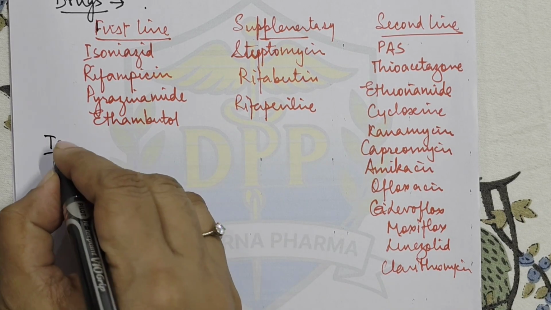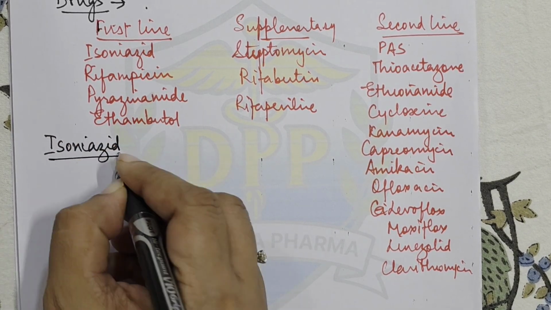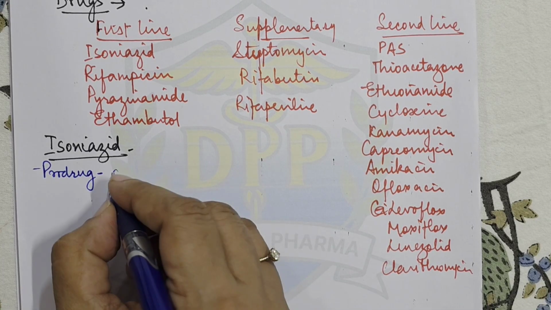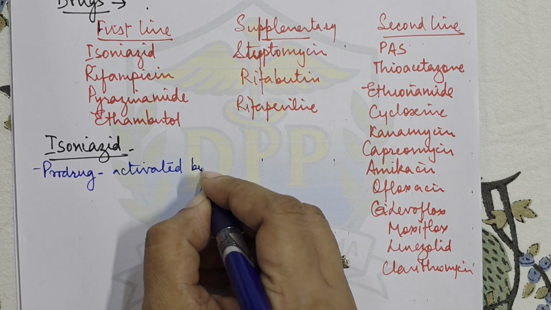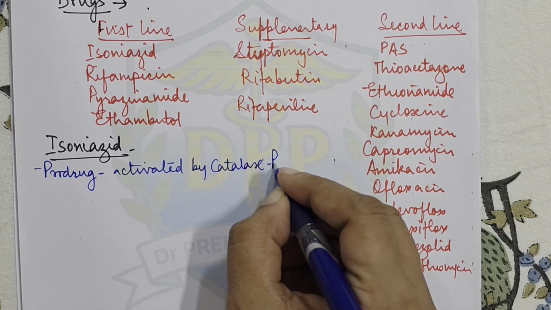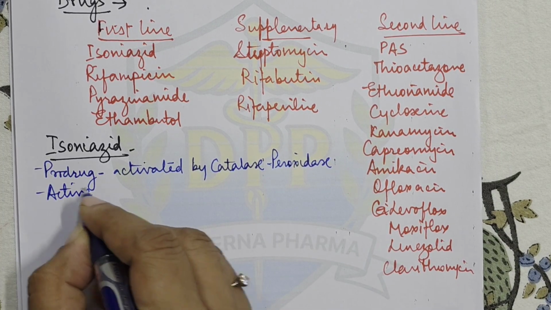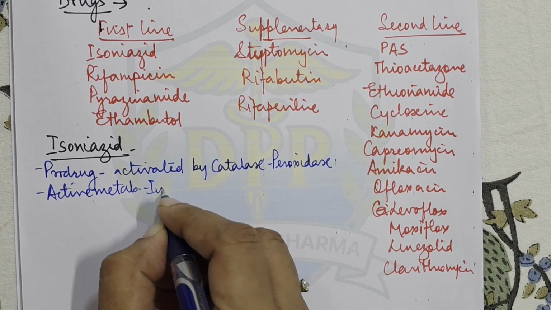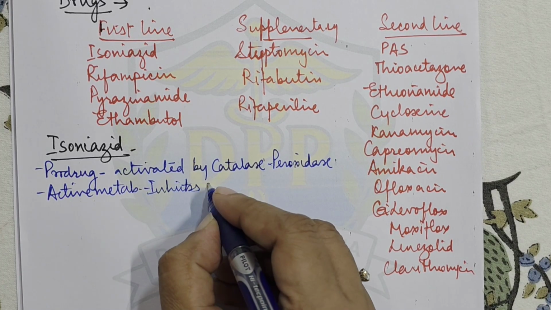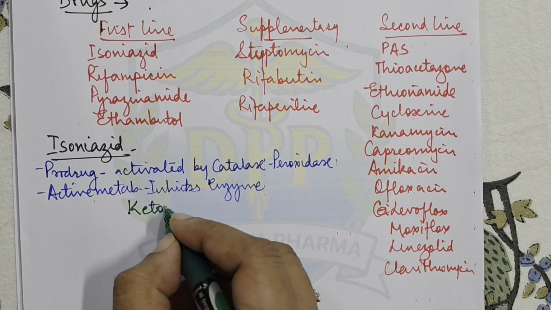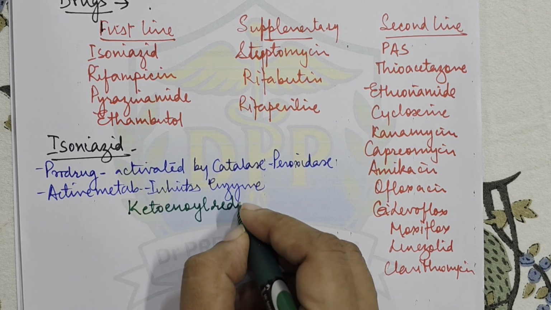Okay, now let's come to isoniazid and let's take every drug one by one. Now isoniazid is a prodrug, right? It is activated by catalase peroxidase. Now this active metabolite inhibits the enzyme called keto-enol reductase.